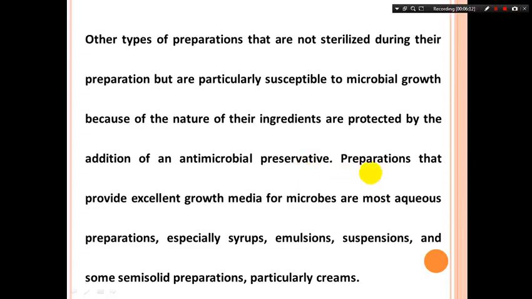Aqueous preparations or liquid dosage forms are the preparations that most favor the growth of microbes, especially syrups, emulsions, suspensions, and creams, which are required to be preserved by the addition of preservative agents.